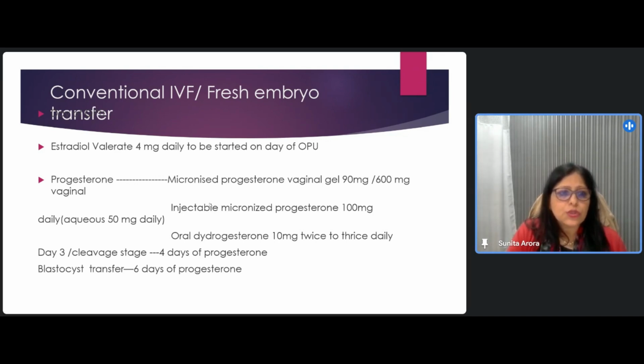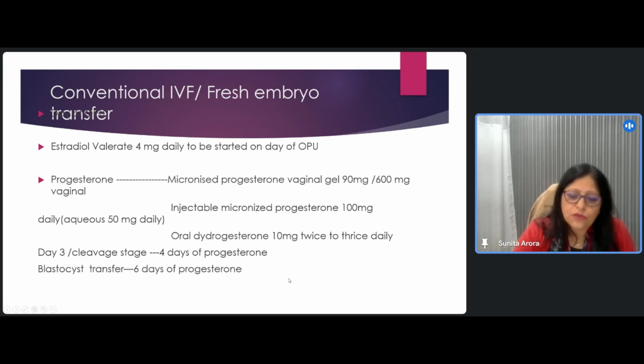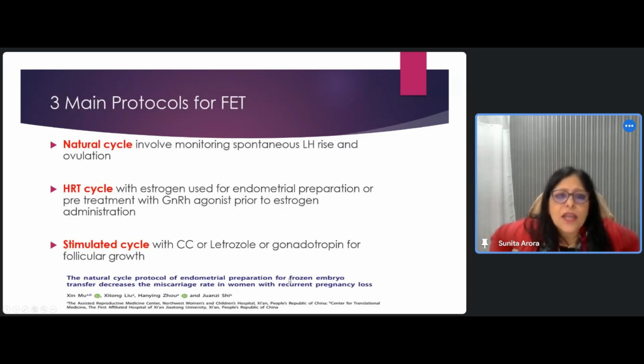Then progesterone, we usually start on the day of egg pickup if I'm anticipating an embryo transfer in the same cycle, which can be vaginal gel 90 milligram or suppositories or aqueous injectable micronized progesterone or the conventional one, or you can use dydrogesterone also. And usually I give 4 days of progesterone for day 3 or cleavage stage embryo and 6 days of progesterone for the blastocyst stage.